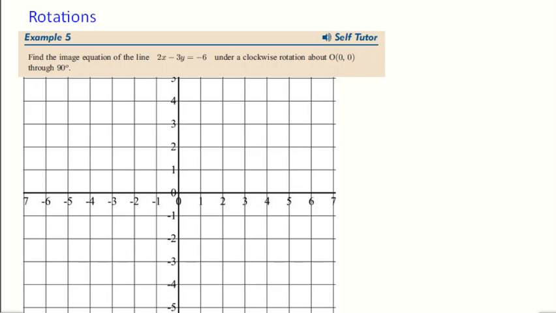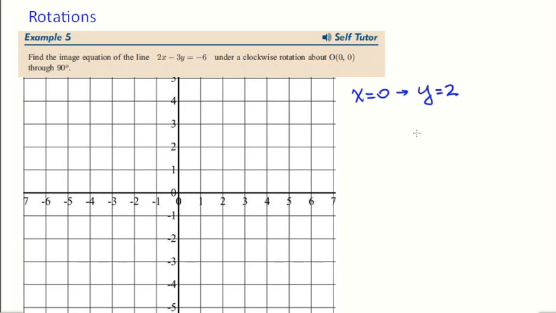Well, first thing, let's try to understand how this line is. So what happens, for example, when x is 0? We'll have -3y equals -6, so y is 2.